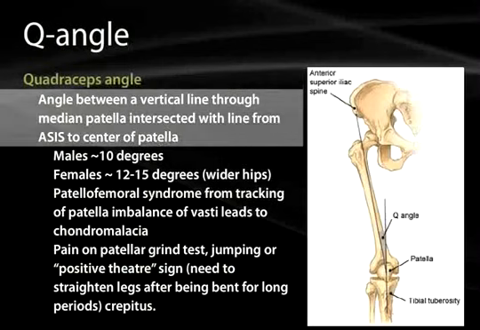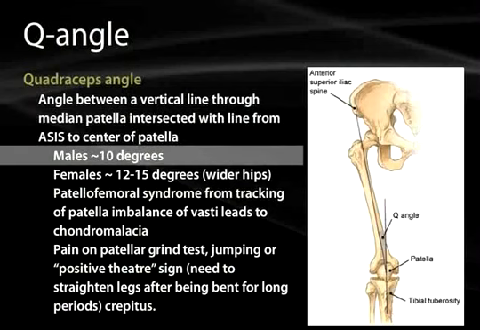The angle formed between these two bisecting lines is the Q-angle, or quadriceps angle. This is a larger angle in females because of the wider placement of the ASIS, and a narrower angle in males, with, of course, gray areas in between. The males tend to be 10 degrees or so, whereas the females tend to be a little bit wider at 12 to 15 degrees.